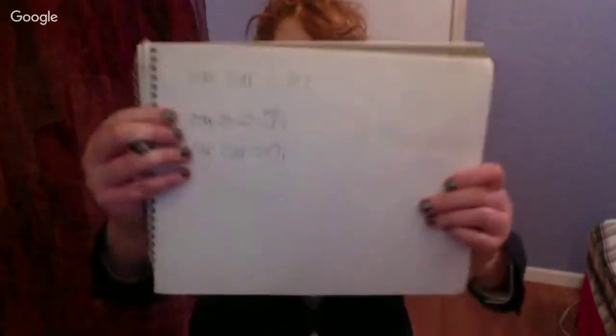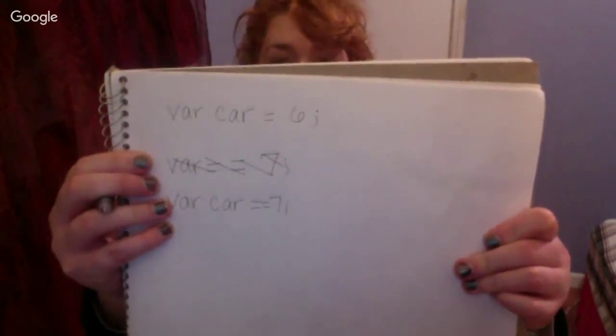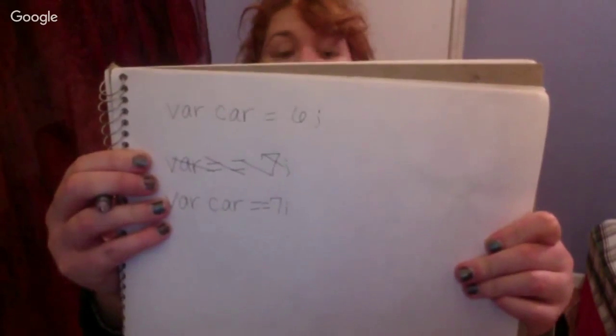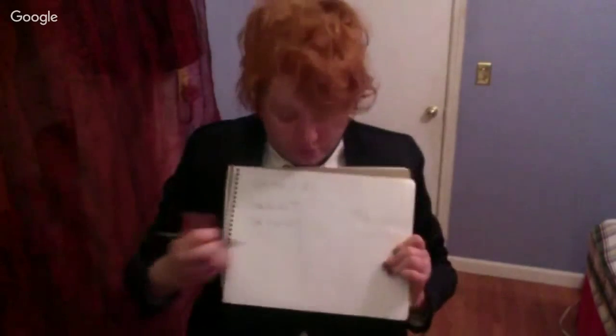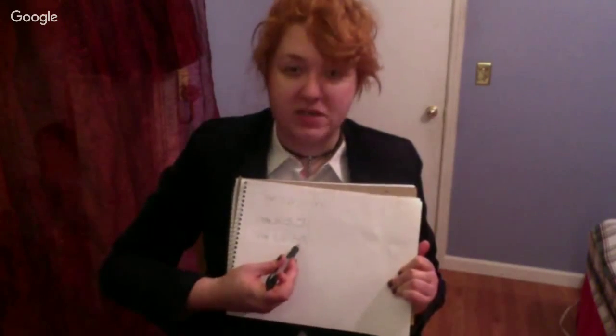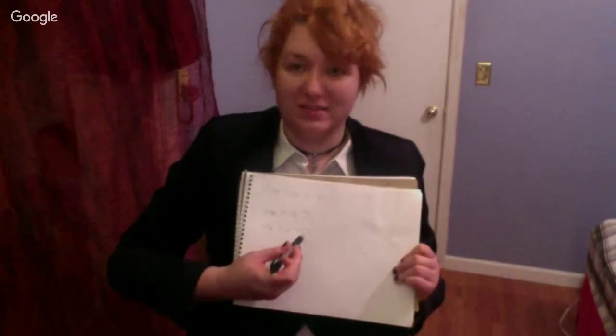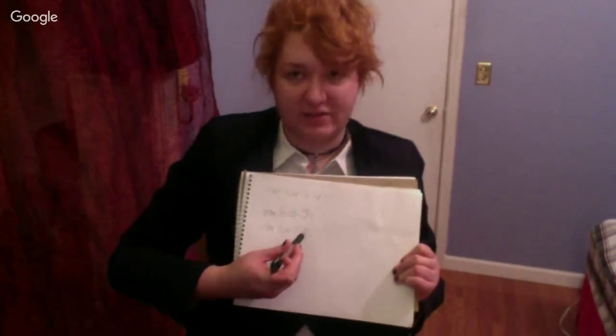Now, since earlier we assigned variable car to equal 6, this will evaluate as Boolean false because the value of variable car equals 6. So the double equals lets us know if that really equals 7.